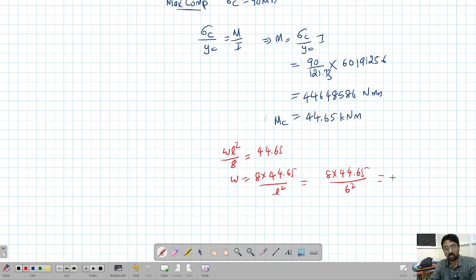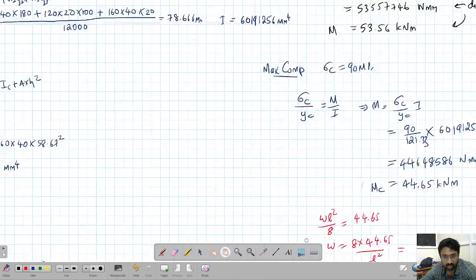Calculating 8 times 44.65 divided by 36, this gives me 9.922 kilonewton per meter. This is the UDL that we can apply. This is the final answer.